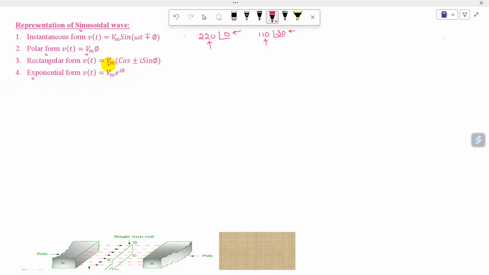So rectangular form, manaki complex form ani cheppamandi, that is Vm cos phi plus or minus Vm I sin phi. We know very well the Euler formula, that is cos phi plus or minus I sin phi, using Euler's equation. In some books they call it Euler's equation.